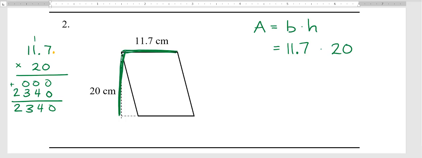I had 1 decimal place, so I'm moving my decimal over 1. My answer, 11.7 times 20, is 234. Now what are my units? Each side was measured in centimeters, so my area is going to be centimeters squared.